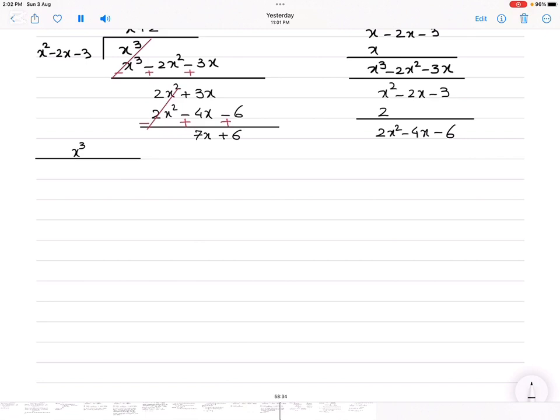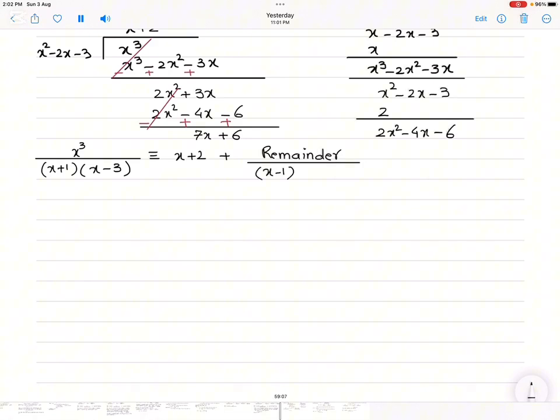So x³/((x + 1)(x − 3)) is identical to x + 2 + remainder/((x + 1)(x − 3)). How will we write it here? x + 2 + A/(x + 1) + B/(x − 3).